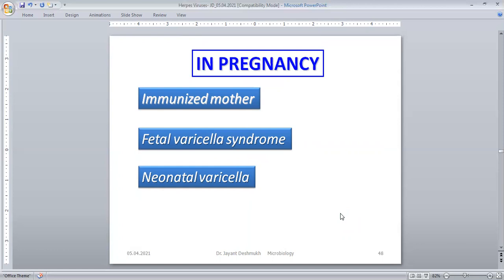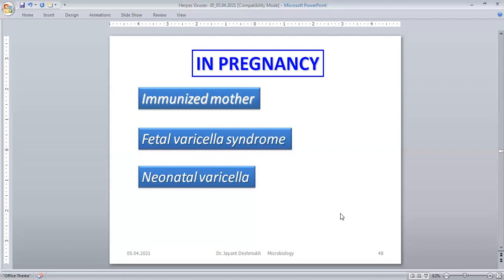Most of the children are asymptomatic, but those who are symptomatic have severe defects, like CNS defects, which may be mental retardation, chorioretinitis, limb deformity, that is, malformation, and myocarditis. So that is known as fetal varicella syndrome.